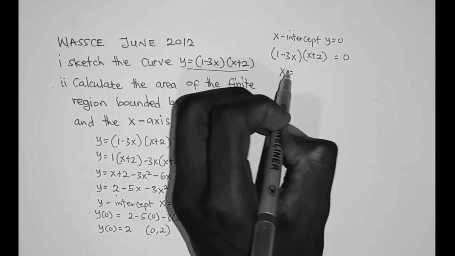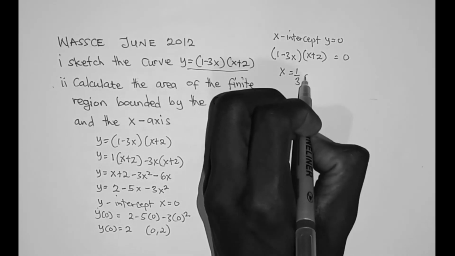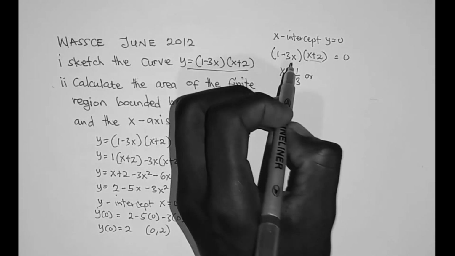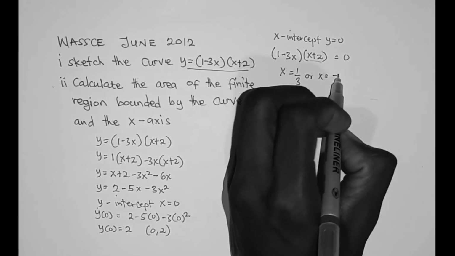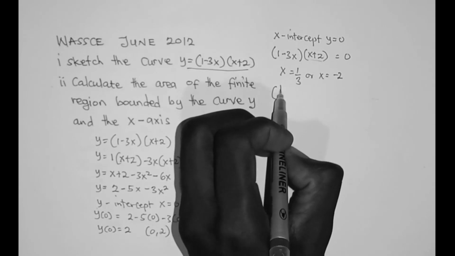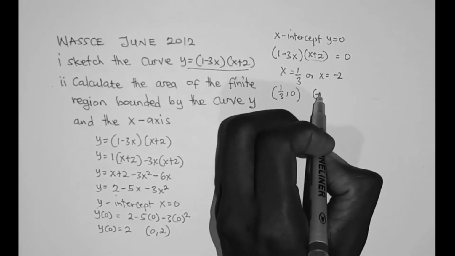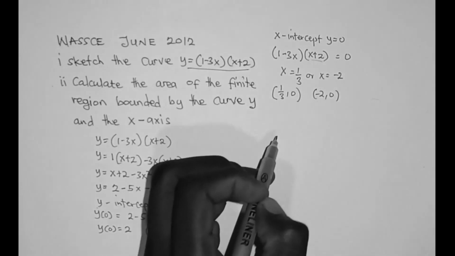So x is equal to 1 over 3, or when we consider this bracket, x is equal to minus 2. So we also have the x-intercept as 1 over 3 and 0, and then minus 2 and 0.